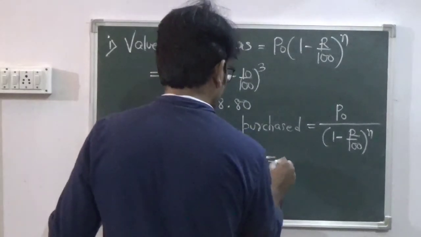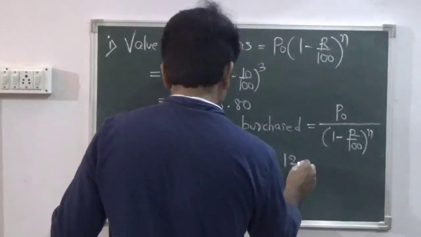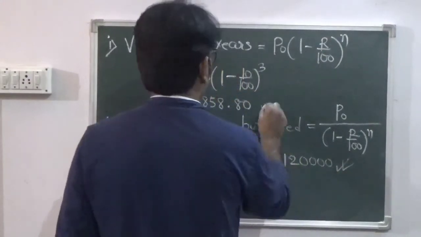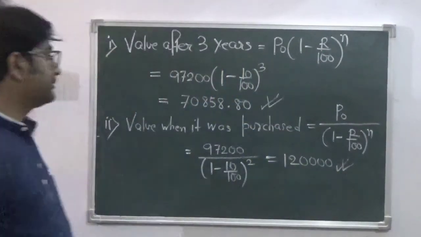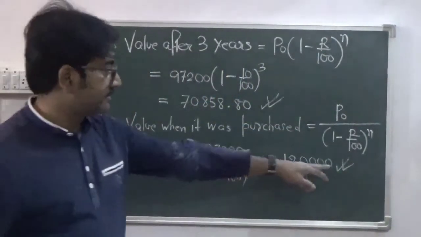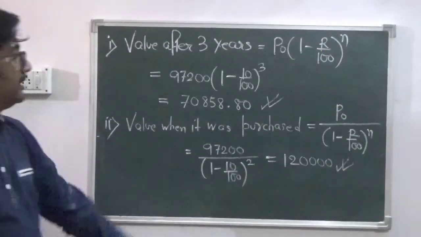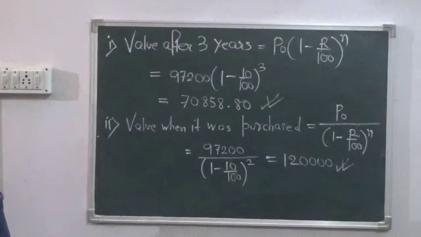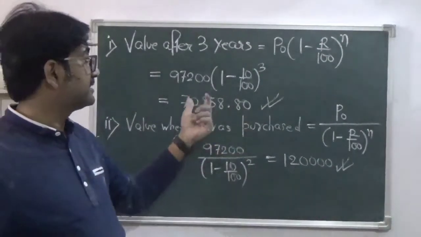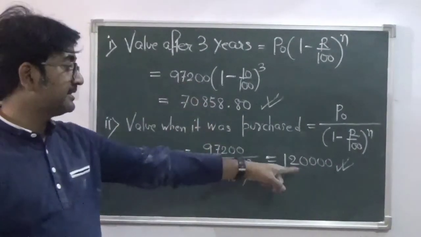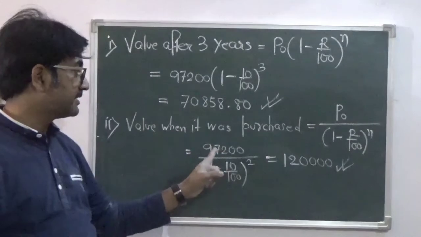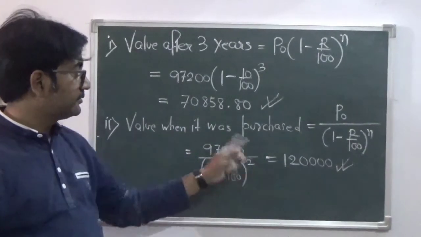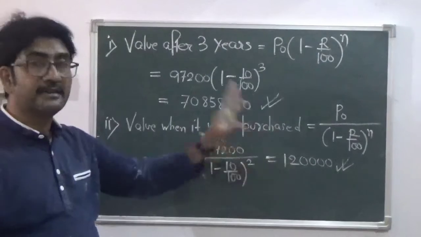This is coming to 1,20,000. So this is the value when it was purchased. This is the value after 3 years, because the value is depreciating. 2 years back it was 1,20,000, and at present it is 97,200.